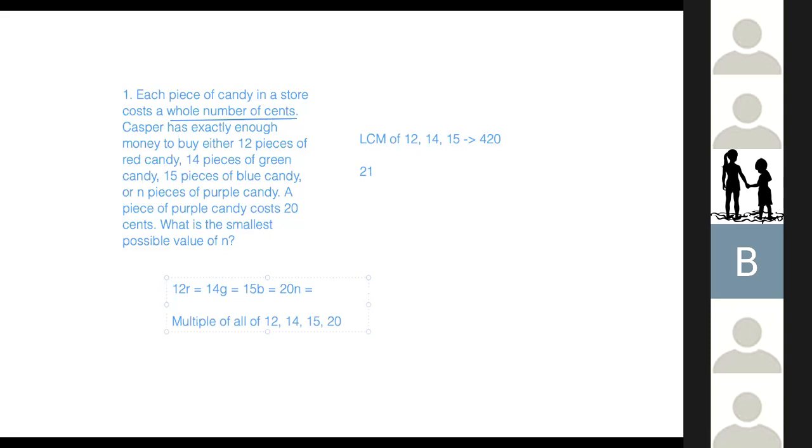The 20 doesn't actually matter because 5 is a factor of 15 and 4 is a factor of 12. So it happens to be that just the LCM of 12, 14, and 15 is enough. And like Ahana said, this is 420. And so if this is all equal to 420, then the smallest possible value of n is just 420 divided by 20, which is equal to 21.